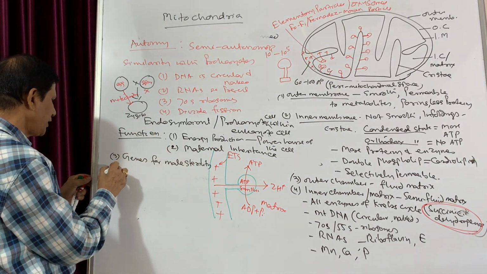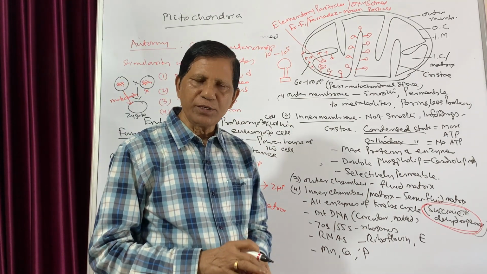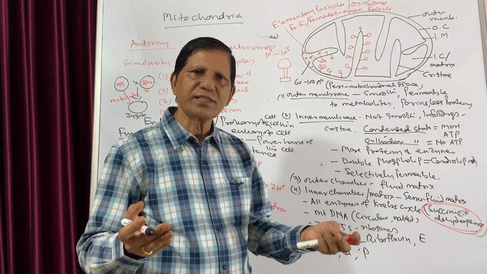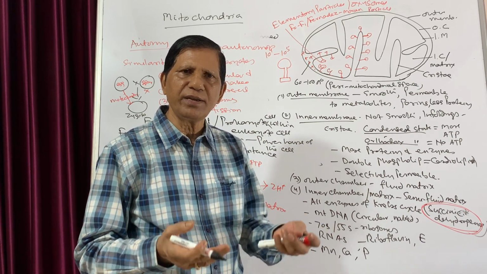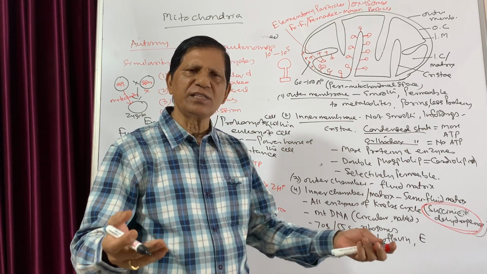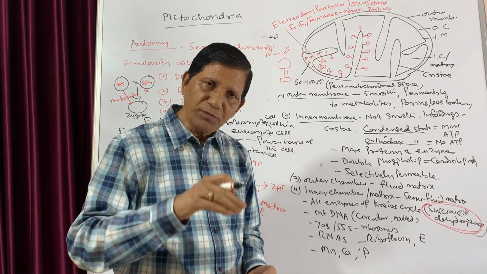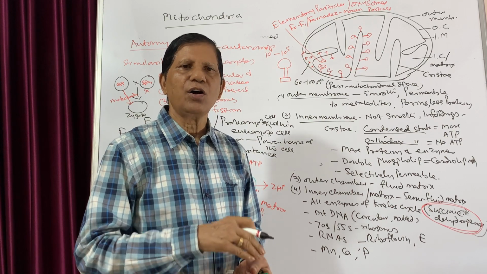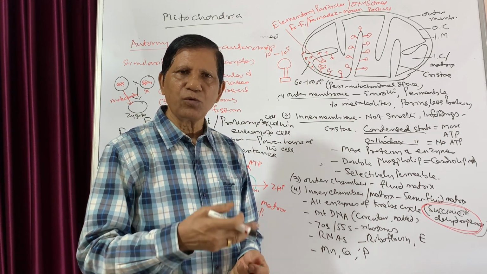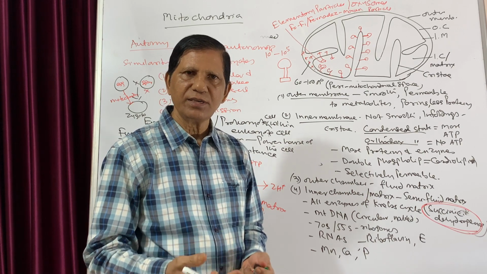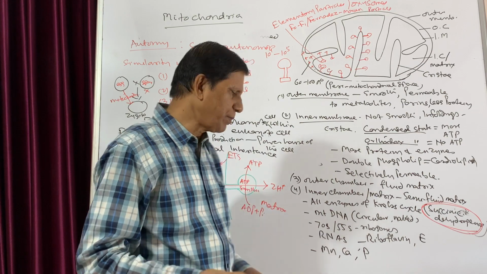Then the next one is that inside the mitochondria, when the Krebs cycle takes place, several intermediates like alpha-ketoglutaric acid, succinic acid, malic acid, fumaric acid, and citric acid are produced. And from these intermediates, other compounds like pyrimidines, cytochromes, chlorophyll, alkaloids, and different types of substances are produced.